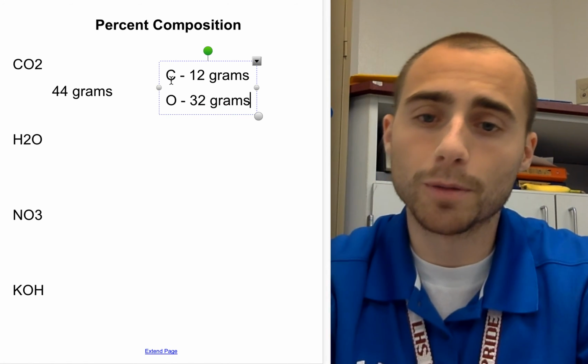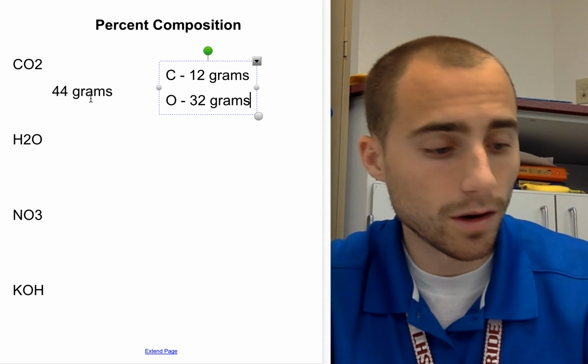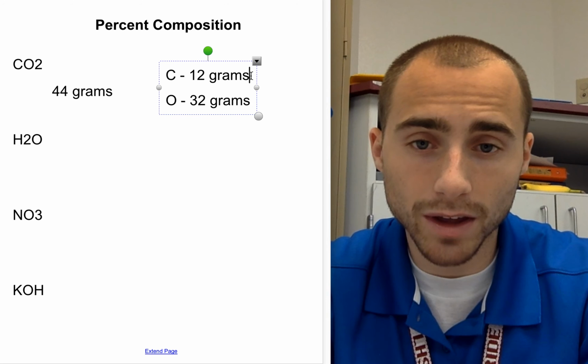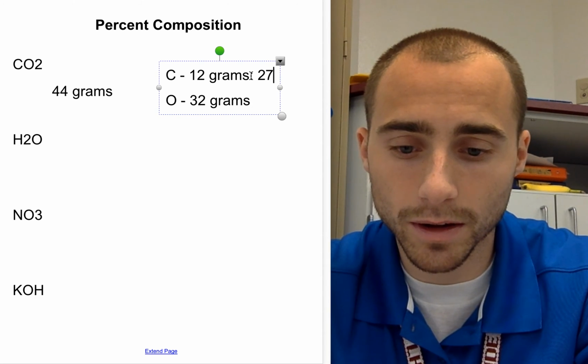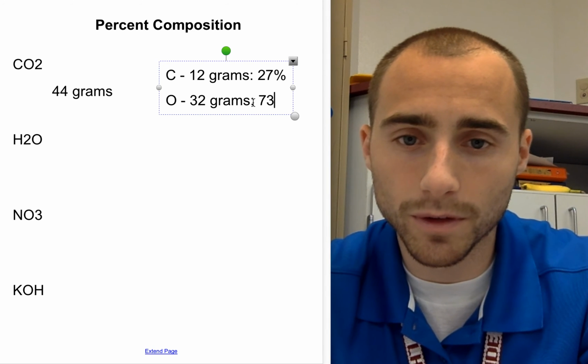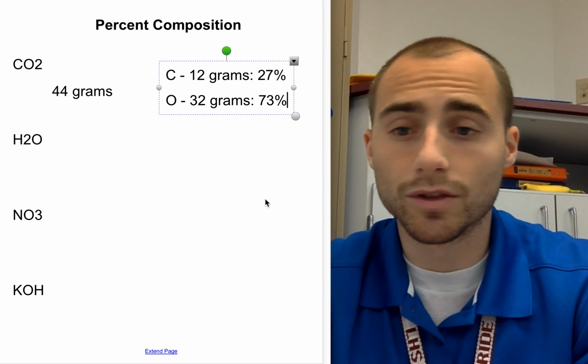To solve for the percent composition, for carbon you would do 12 divided by 44, which gives you 27%. So 27% comes from carbon, and then 32 divided by 44 would give you 73%. So 73% comes from oxygen.